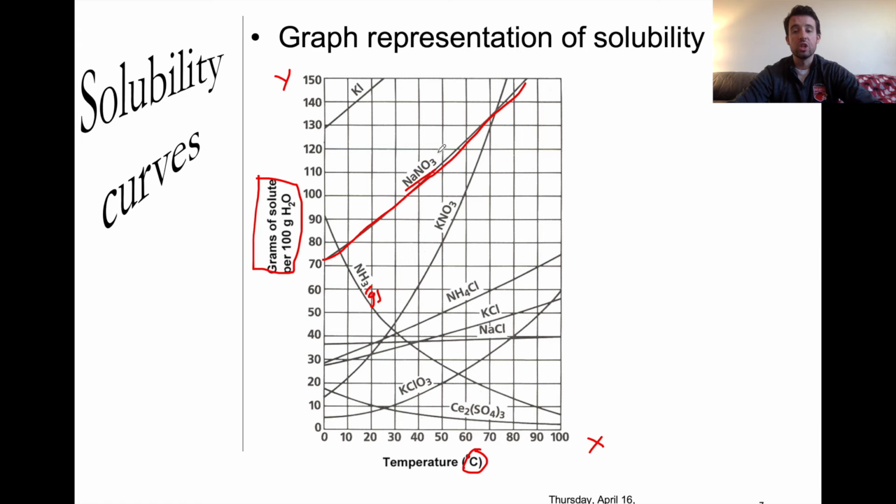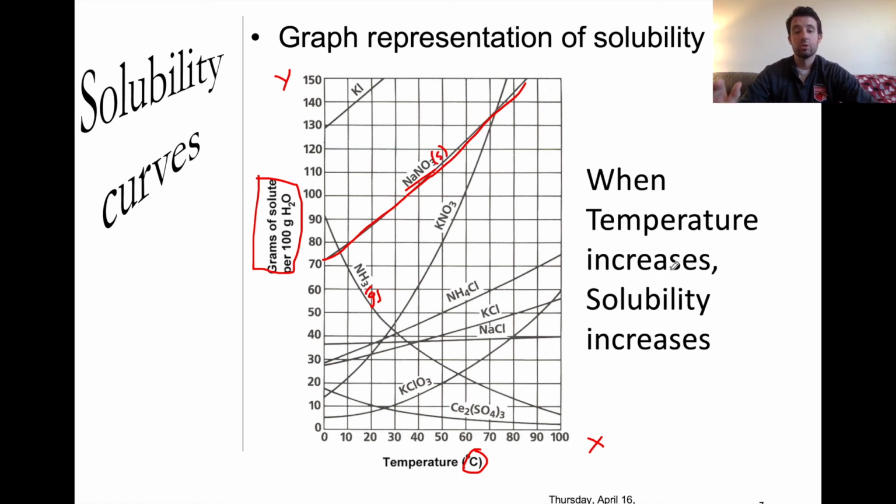So solid solubility in a liquid increases as your temperature increases, but gas solubility in a liquid decreases as your temperature increases. Think about it like pop. If you store pop in a hot environment, it's going to get flat quicker. That's because the carbon dioxide in the pop tends to come out of the solution and bubble out.